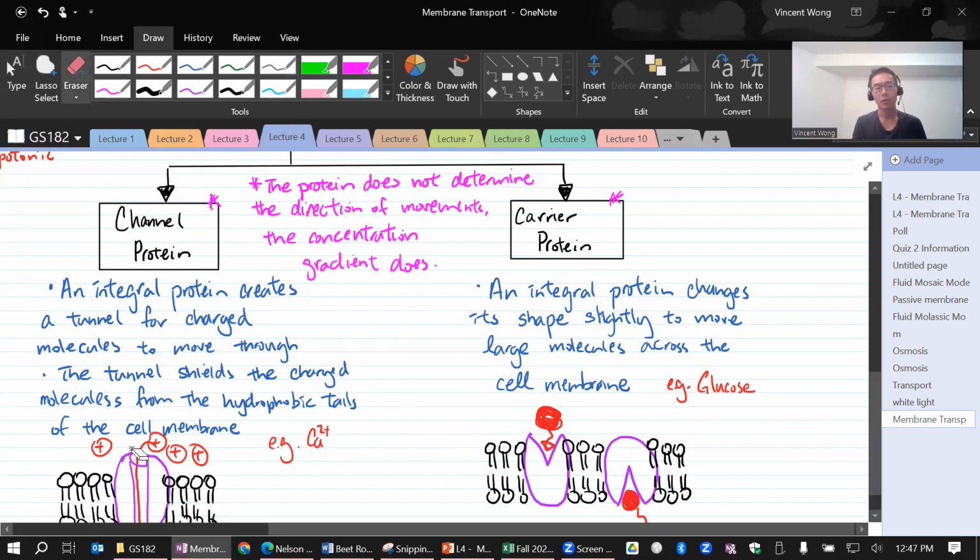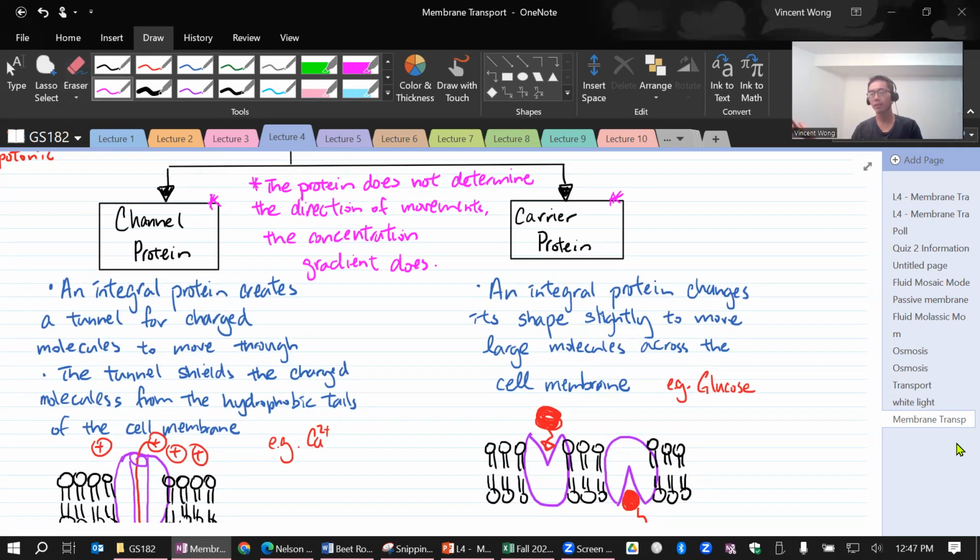So whether these charged particles are going to go into the cell or out of the cell, whether the glucose is going to go in or out, is not up to the protein. It's up to the concentration gradient. If it's high on the outside and low on the inside, then they will come in. If the condition flipped, if it's high concentration on the inside and low on the outside, they will leave.